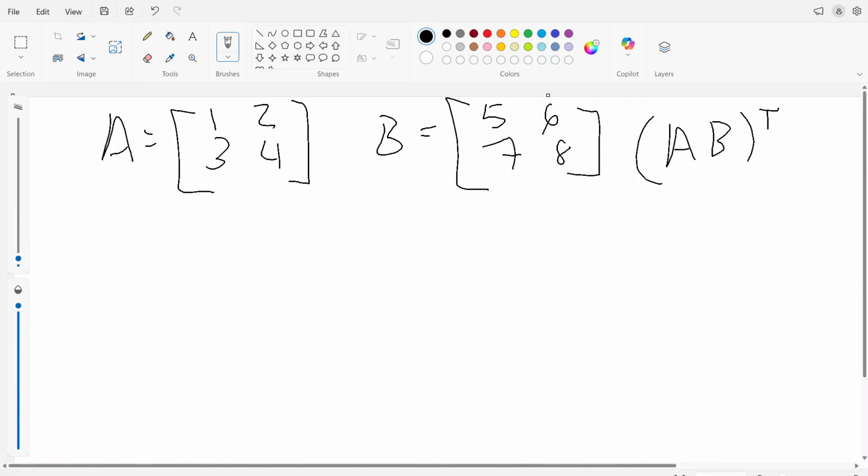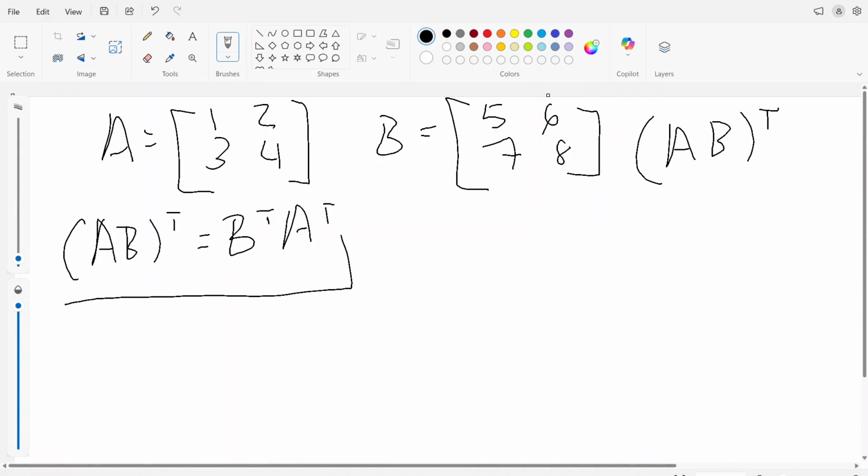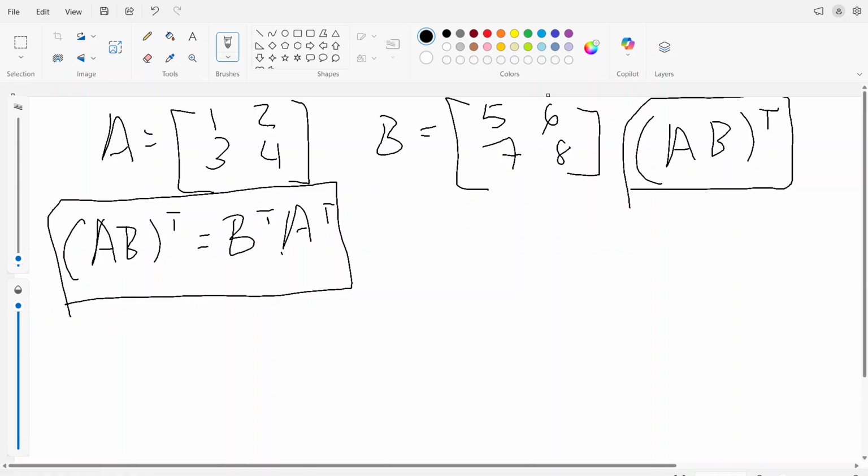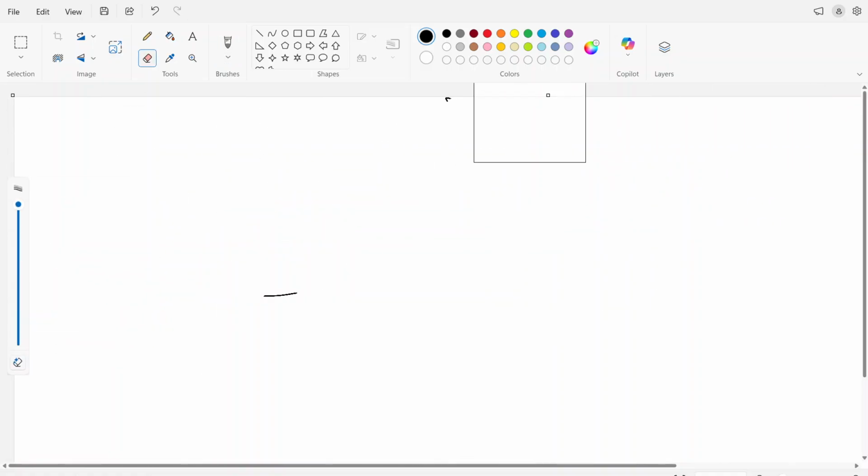So we must use the property that we learned before: (AB)ᵀ equals BᵀAᵀ. We notice that the order changes. So the final answer will just be BᵀAᵀ, which is just the property itself.